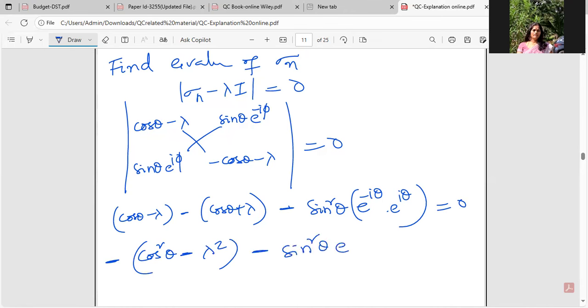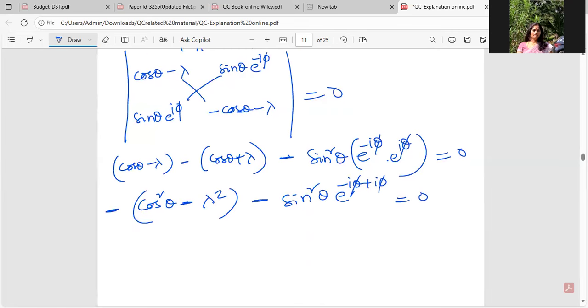There's a minus sign common for the second term as well. Sine squared theta e power minus i phi. This is, guys, not theta. It's phi plus i phi. Okay. So it is 0. E power 0 is 1. Right. So finally, if I take off minus, what I'll be left with? Minus common in both the terms and shift it to the left. Right. Cos square minus lambda square plus sine square is what I will have.